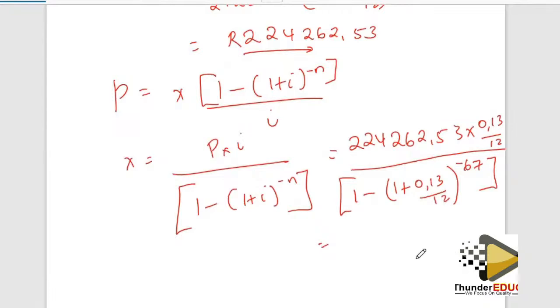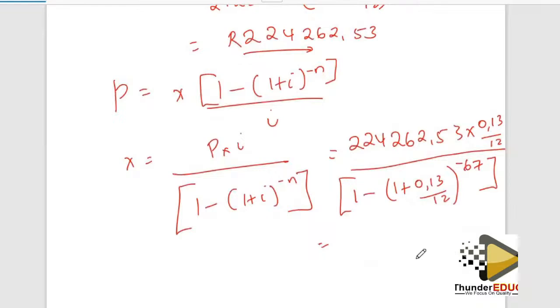24,262.53, multiplying it by 0.13 over 12. Open brackets, we have 1 minus (1 plus 0.13 over 12), but to the exponent of negative 67. Close my bracket.